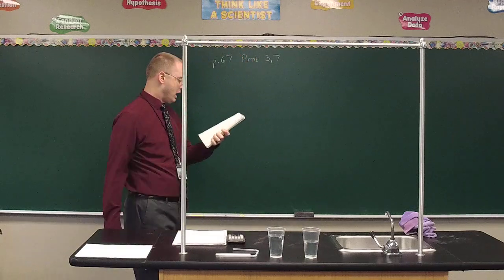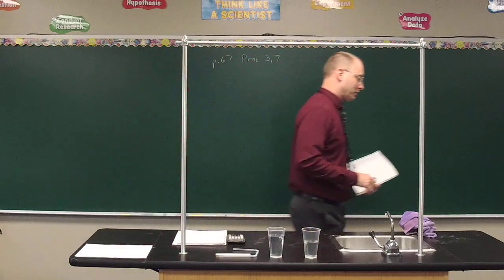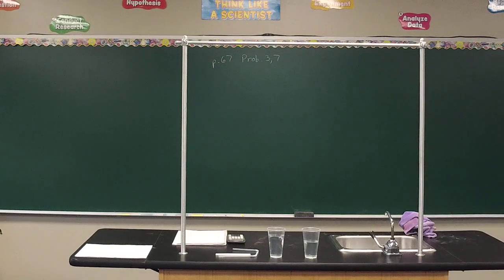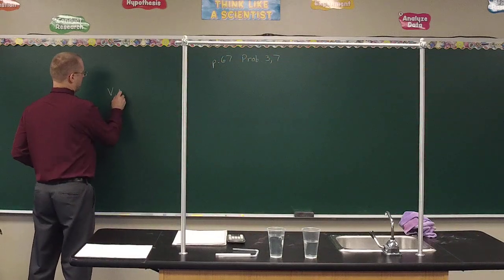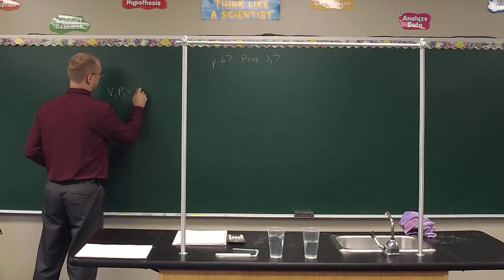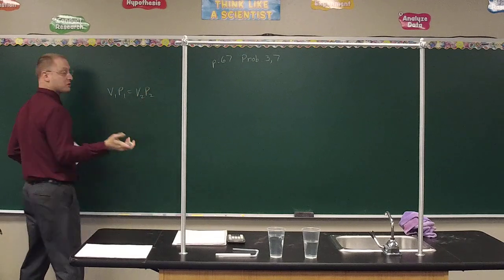That's the question. We could use the combined gas law equation here, P1V1 over T1 equals P2V2 over T2. But since it says assume constant temperature, you don't have to have a fraction. We just forget all about the temperature and go with just this equation, basically Boyle's law.